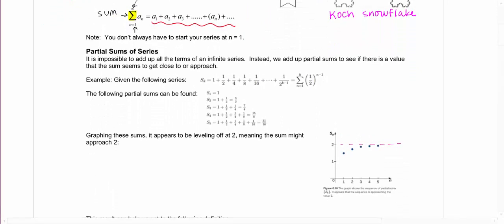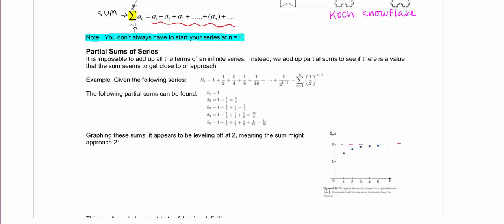All right, so one important thing to note is that you do not always have to start your series at n equals 1. We talked about that when we talked about sequences, although many of our sequences did default to starting at n equals 1. We have reasons for our series to start maybe at n equals 2 or n equals 3, or to back it up perhaps and start at n equals 0.